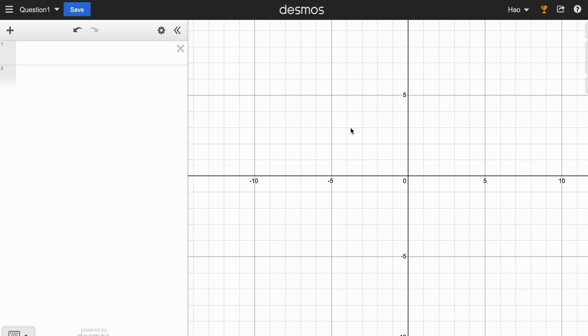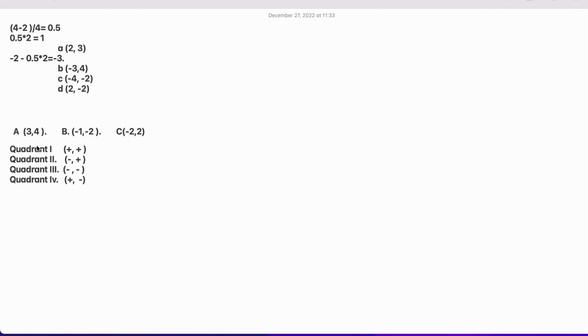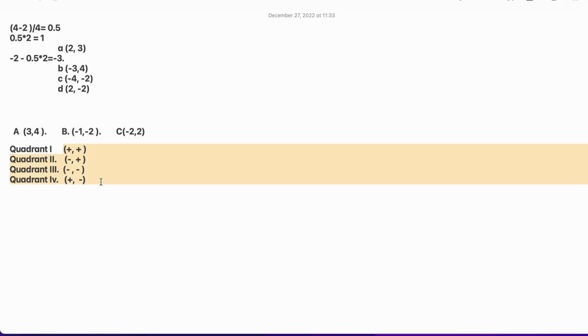Quadrant 1, quadrant 2, quadrant 3, and quadrant 4. But is there anything in common if the points are all in one quadrant? Watch this. There is something in common that we can use to work out the questions.